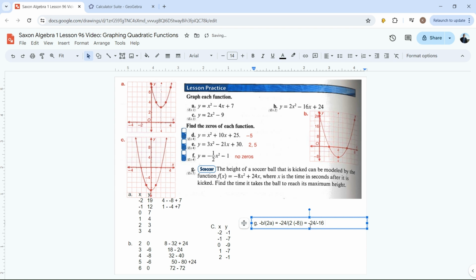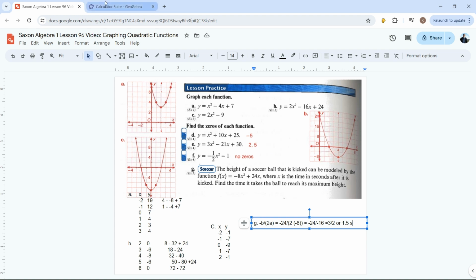Negative 24 over negative 16 simplifies. I can divide 24 by 8, that becomes 3, over 16 divided by 8 is 2. 3 over 2, or 1.5. So after 1.5 seconds, the soccer ball reaches its maximum height in letter G.